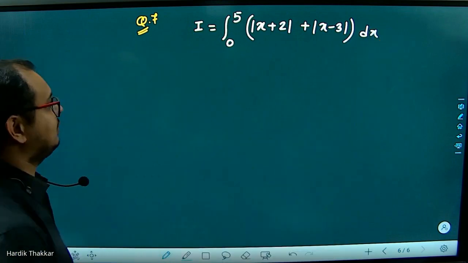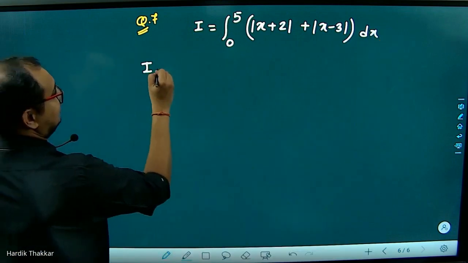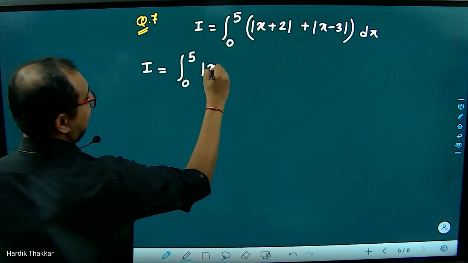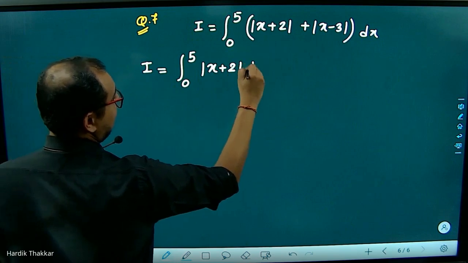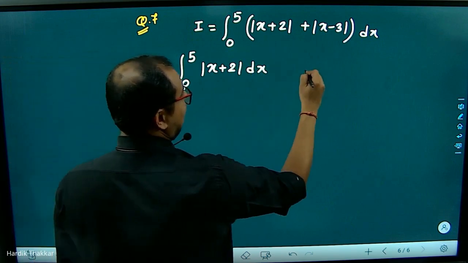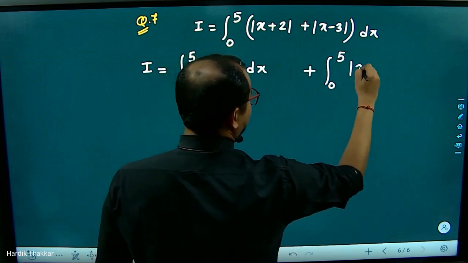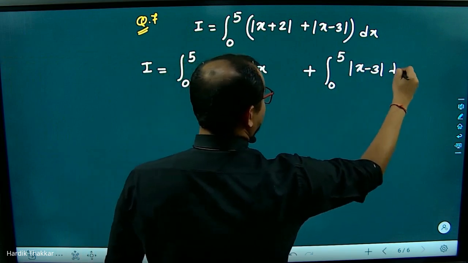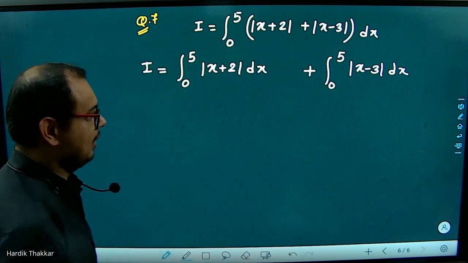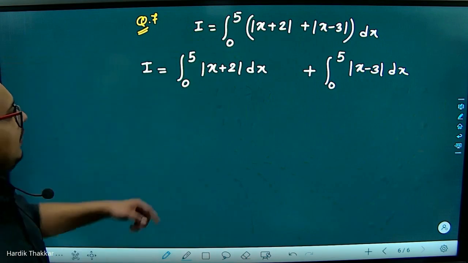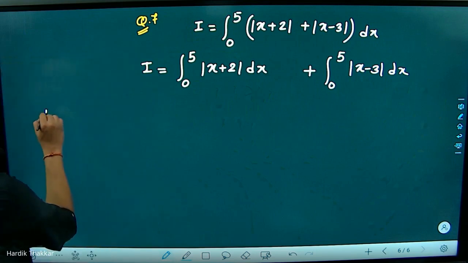Okay. So the first step we will do is we will separate the terms. It is like 0 to 5 mod x plus 2 dx, the first part. And the second part will be integration 0 to 5 mod x minus 3 dx. Correct? Now we will check which value we have to put for this mod x plus 2.